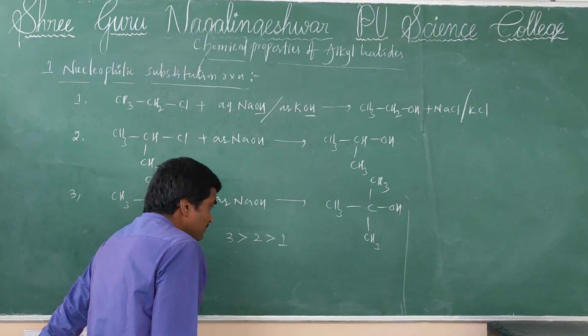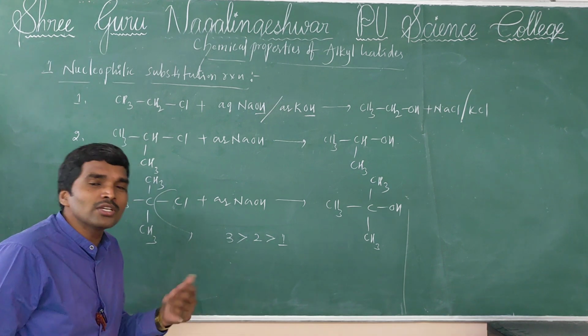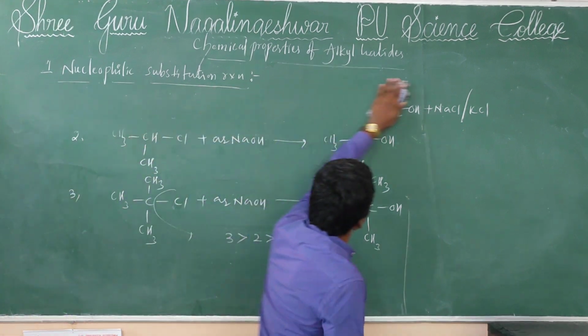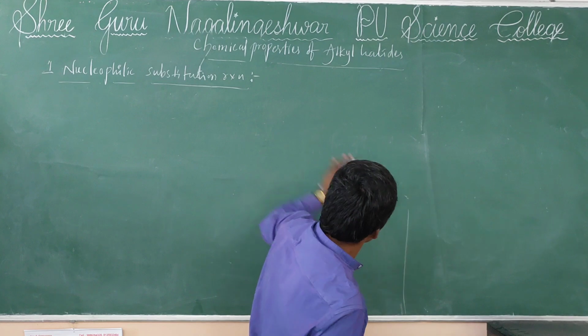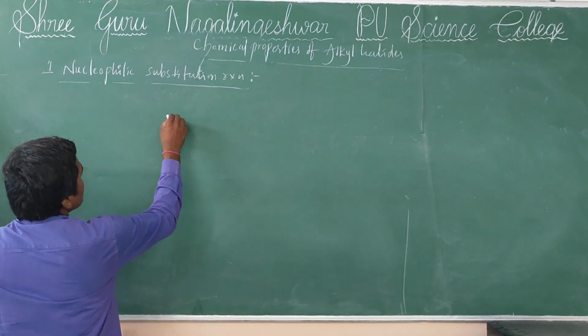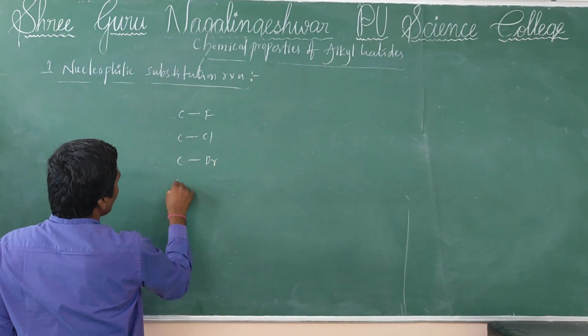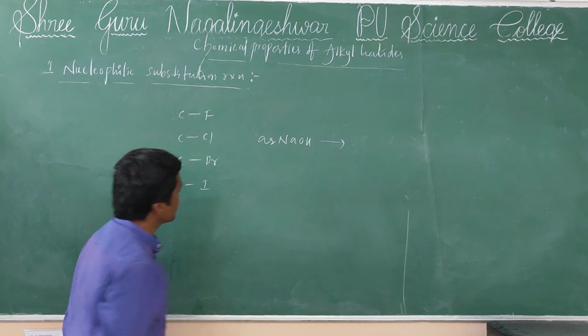Okay. And this reactivity we can also say according to the halogen groups. For example, see carbon to fluorine, carbon to chlorine, carbon to bromine and carbon to iodine. I am taking aqueous NaOH.